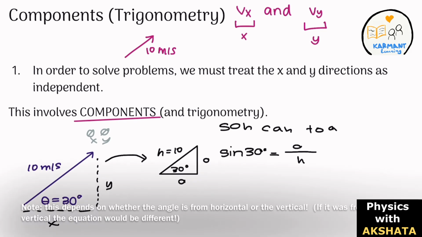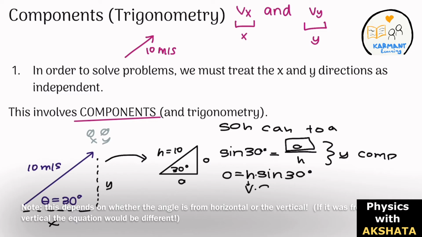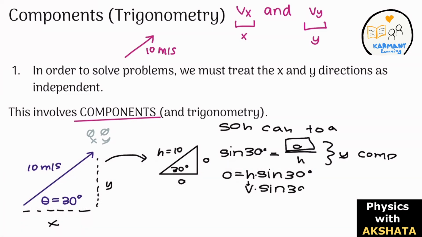To solve for the opposite side, which is also the y component here, we just have to isolate it. So we can get opposite is equal to h times sine 30 degrees. Just by multiplying our velocity times the sine of the angle, we are able to get our y velocity.